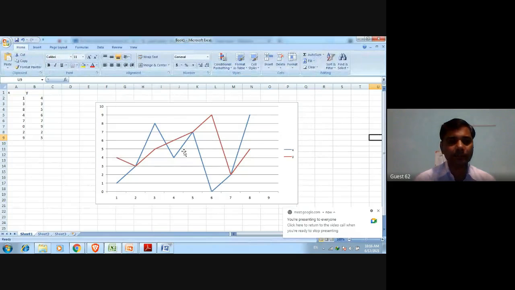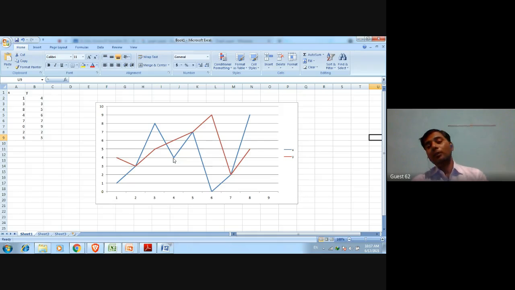Now let us see here. In the X series, where is the value of 0? That is in this place. Here at the point 6, the value of your X is 0. And what is the value here? The value here is 4.